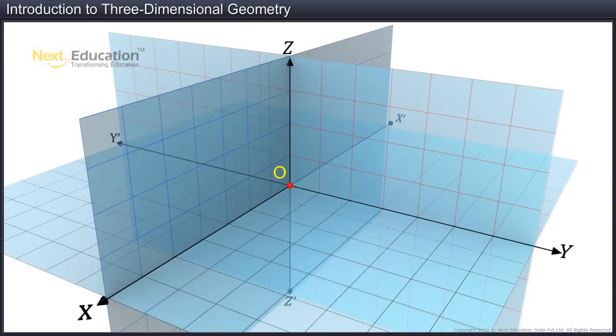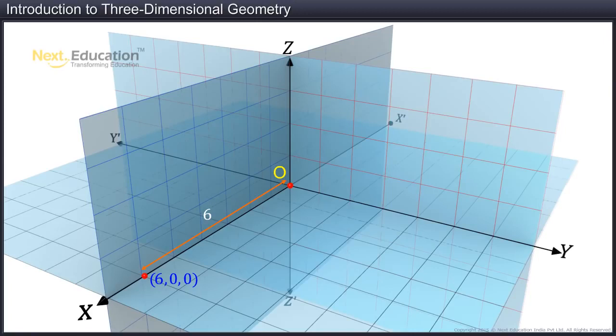We can observe an interesting property among the coordinates of the points. Any point that lies on the x-axis will have its coordinates in the form x, 0, 0. For example, a point at a distance of 6 units from the origin on the x-axis will have the coordinates 6, 0, 0.